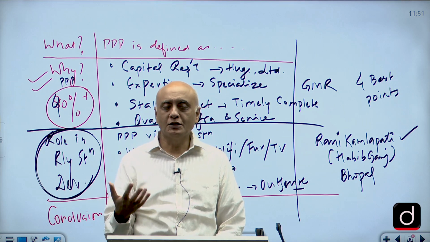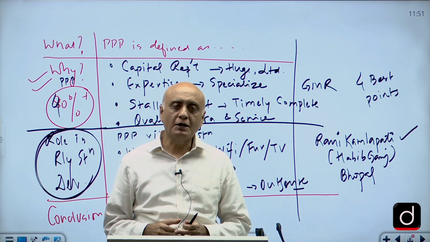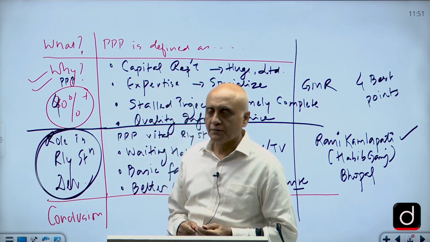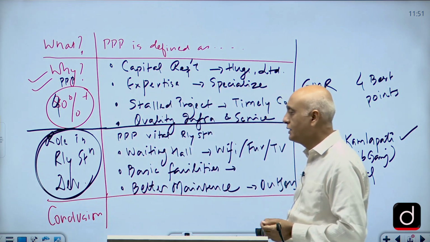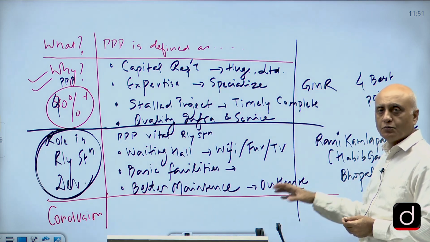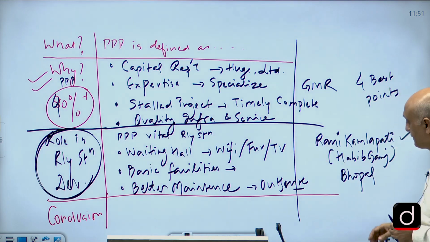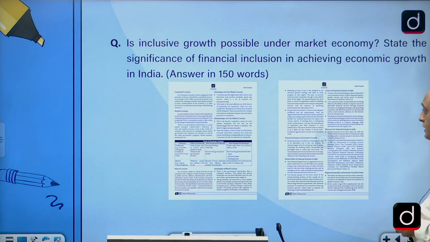So the same work can be done very quickly. All the stations can be developed in parallel in India. All these are the added advantages which you can write in a fifth point or in the conclusion. So this is how you can do the first question. I hope you have understood this well. I can move on to the next question now.